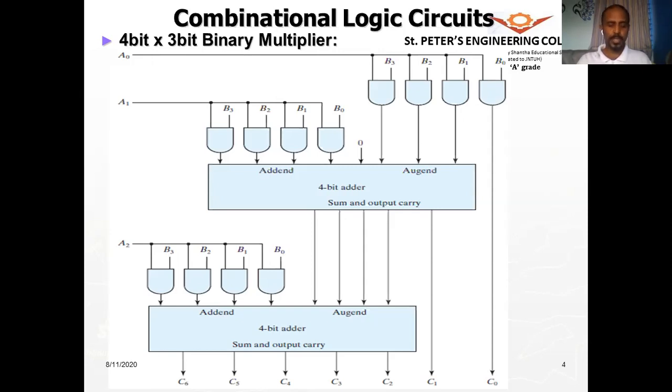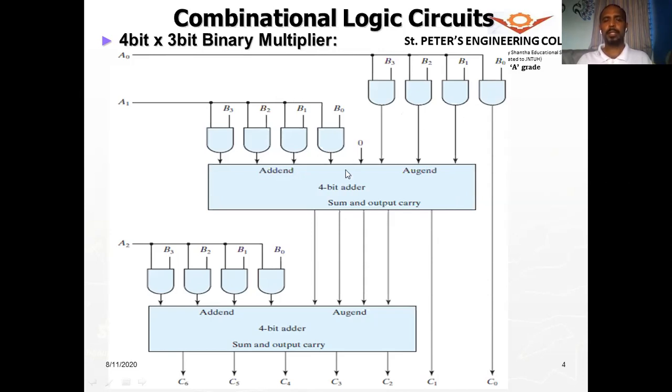So here we can see the result and understand the problem. The two numbers that you're going to add are called the addend and the augend. And from this, we are going to get C1.